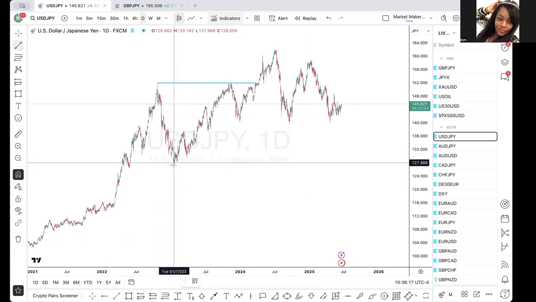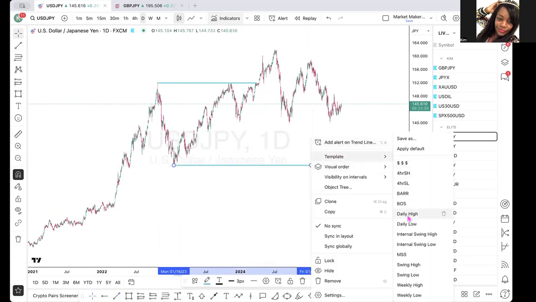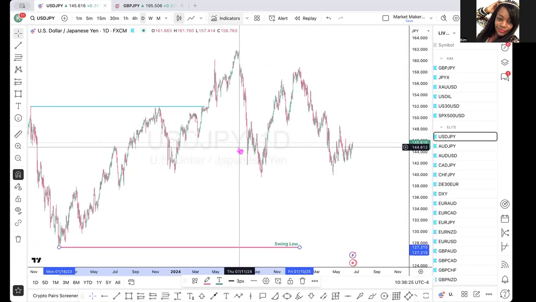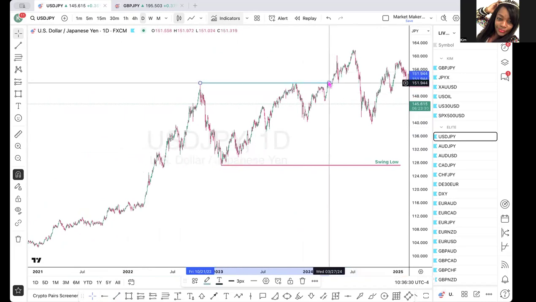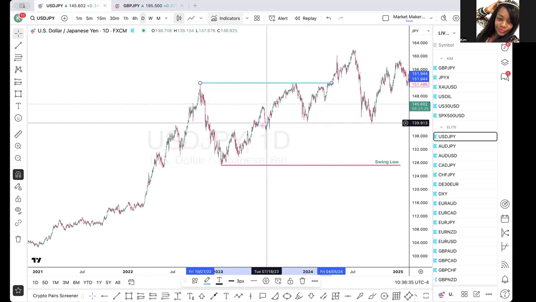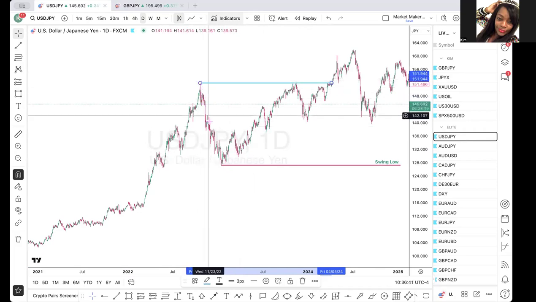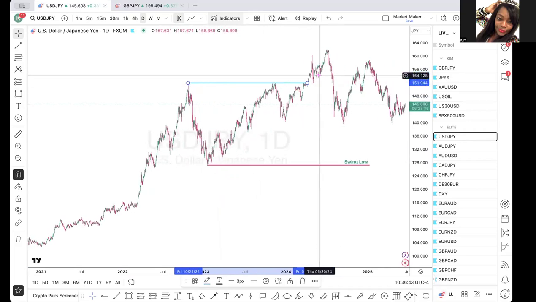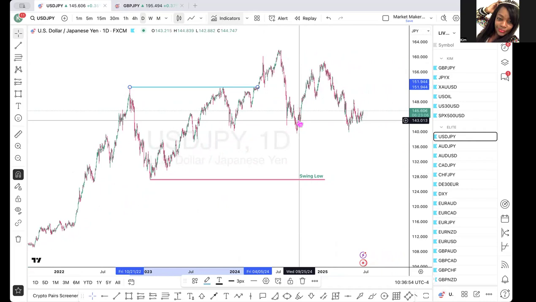So as crazy as that may seem, this is my swing low, because price did not close above this high until over here somewhere. That means everything from the top of this high all the way down to the lowest point where this high pulled back from is part of the swing.